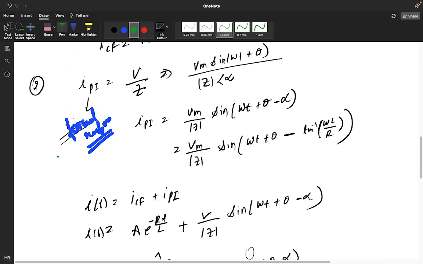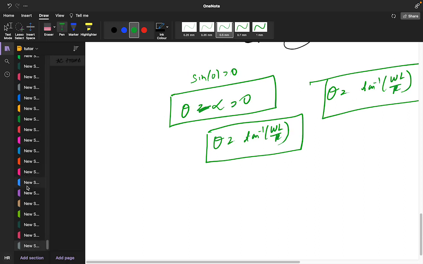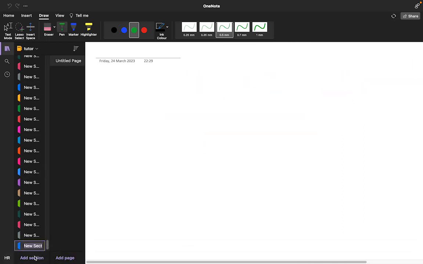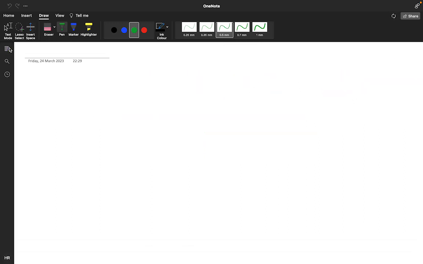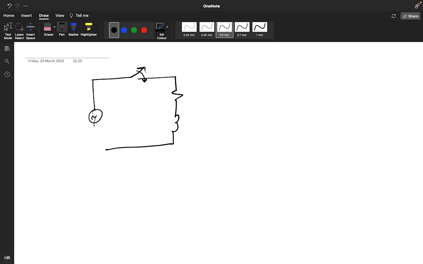Now when in the question it is a cos function, suppose you have a circuit like this. This is R, this is L, and this is V of t.